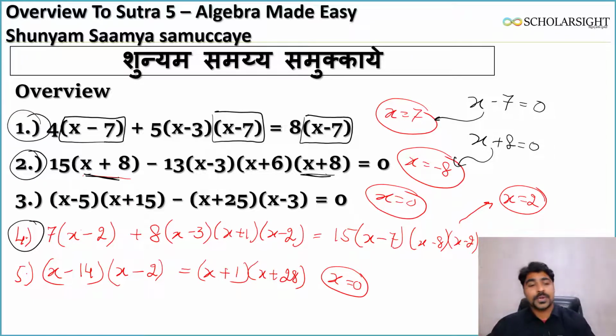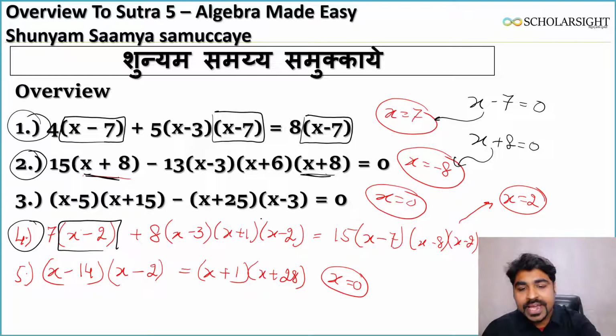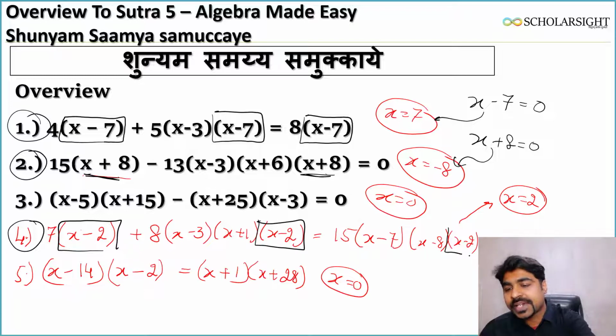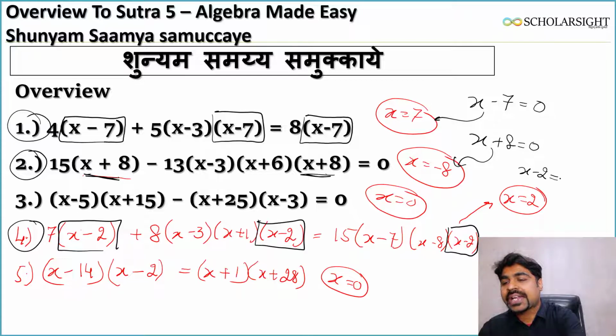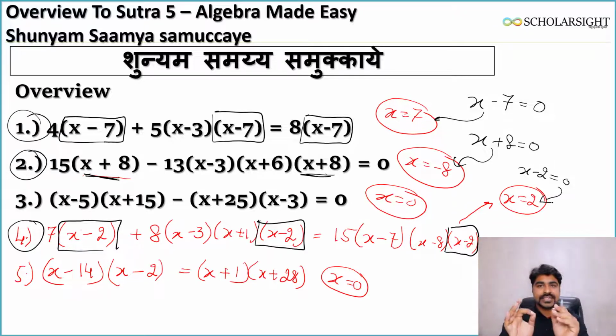Simple. Now, the fourth question, same logic. x minus 2 here, x minus 2 here and x minus 2 here. So can I apply sutra number 5 again here and this logic again? Yes, I can. So I'll put x minus 2 equal to 0 and get x equals 2 as my answer. Simple.